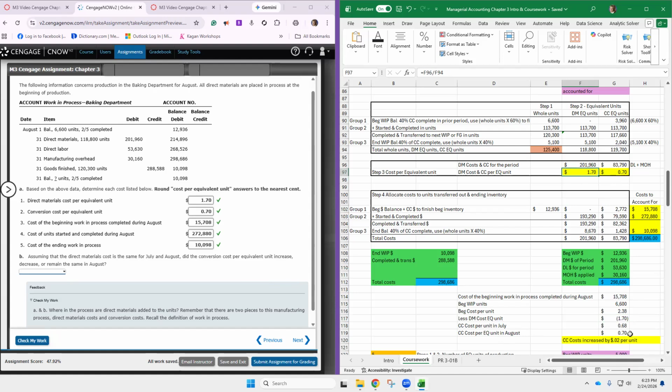So that gets subtracted. That leaves us with 68 cents per unit in July, because remember, the beginning inventory in August is the ending inventory of July. Okay, and then the cost in August was 70 cents.